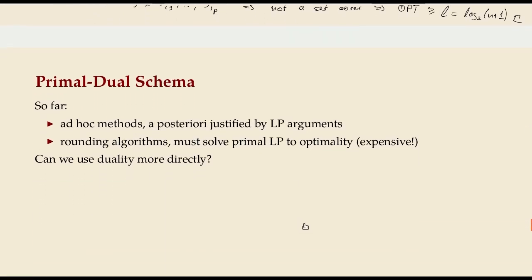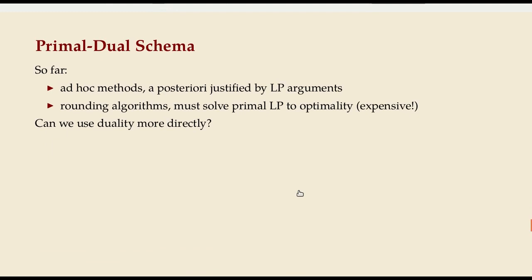Okay. What we've seen up to now, based on linear programming arguments, was a new justification for methods that we already had, like the greedy algorithm we've just discussed. And we had another family of algorithms that were based on first solving the LP to optimality, which is, as I mentioned in the beginning of the session, quite expensive in practice compared to the simple greedy method, and then rounding the result appropriately, giving you essentially the same guarantees.